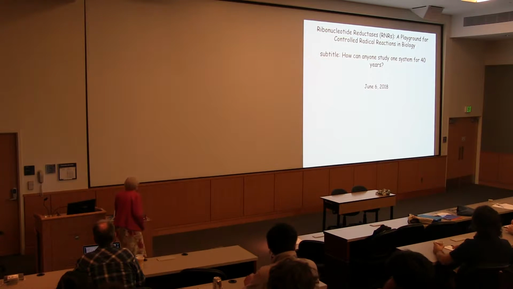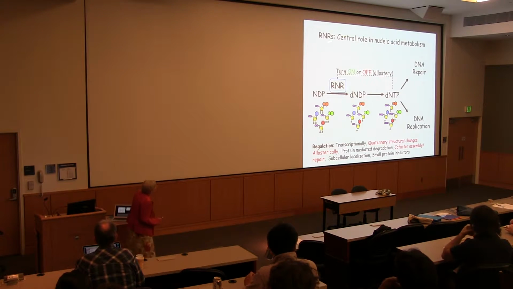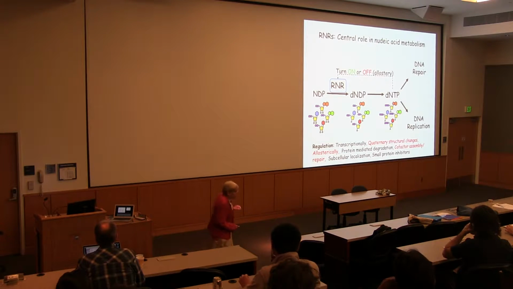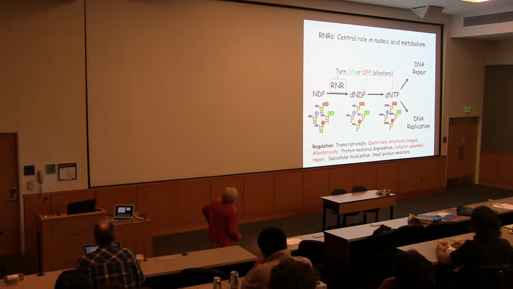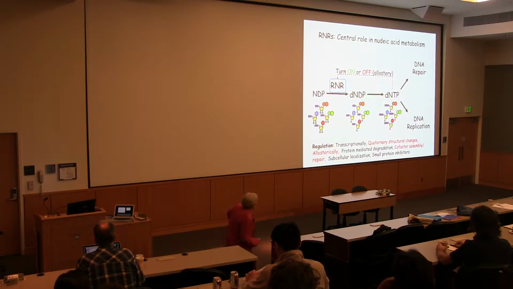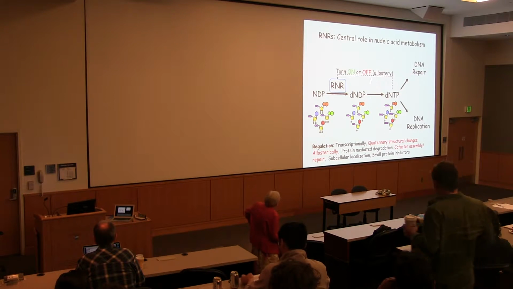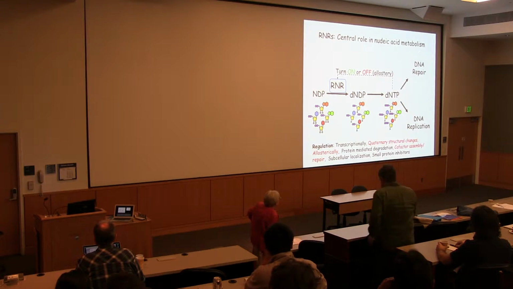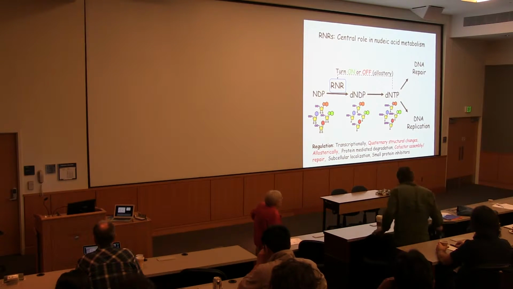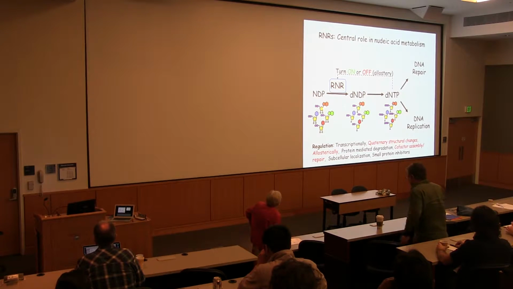Ribonucleotide reductases play a central role in nucleic acid metabolism in all organisms. They catalyze the conversion, in most cases, of nucleoside diphosphates, 4 of them, to deoxynucleoside diphosphates. And subsequent to several rapid reactions, including phosphorylation, all of the monomeric precursors required for DNA replication and DNA repair are supplied by this one enzyme.